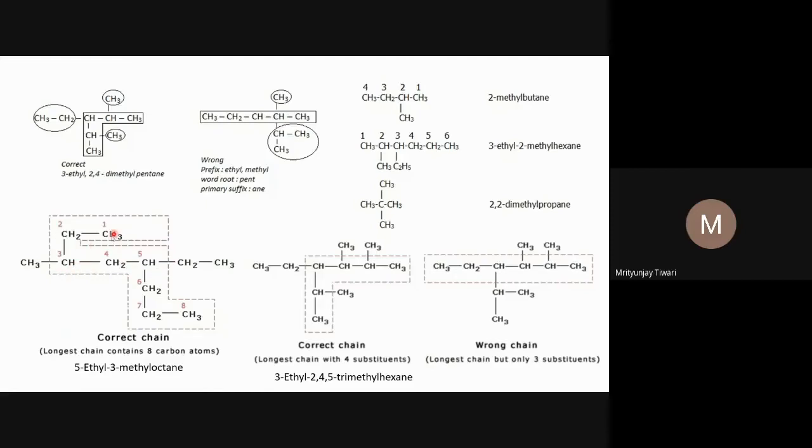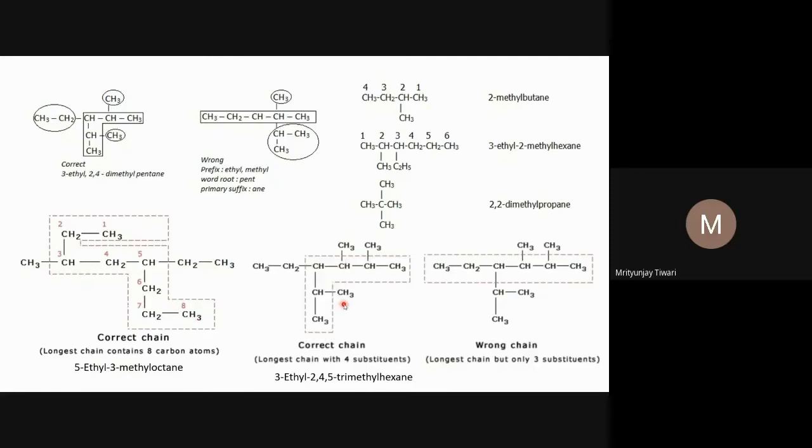But if you start numbering from here, one, two, three, four, five, the third and fifth positions have branching. So this way we start numbering, and the branches are at the fifth position, one ethyl group, and third position, one methyl group. So this will be five ethyl, this is the ethyl group, five ethyl, three methyl octane. So this is the name of this compound.